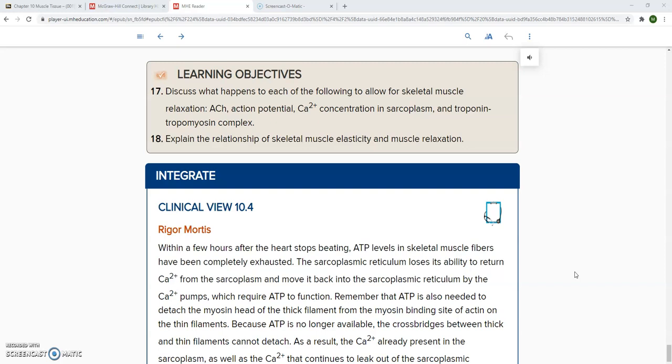So we know that if you have calcium in there, it's going to bind to troponin and cause troponin to change shape so that the tropomyosin moves out of the way of those myosin binding sites on actin. And then you'll have the myosin heads attach. So we'll get that attachment. Here's the other role of ATP, remember: it binds to the myosin heads, and that's what allows the myosin heads to detach from the actin, to break that cross bridge.